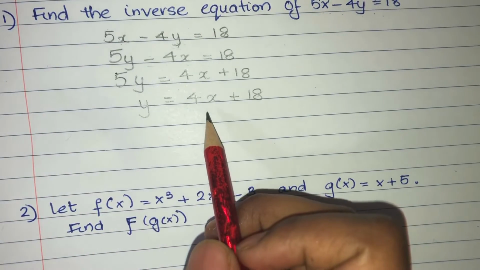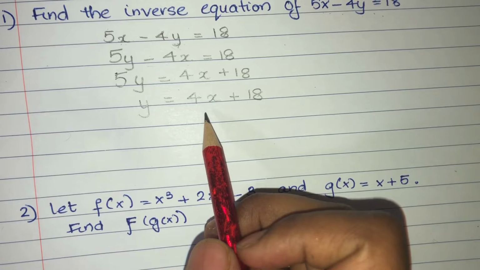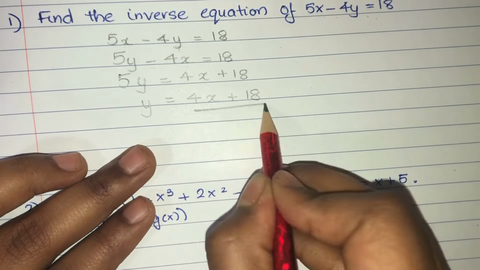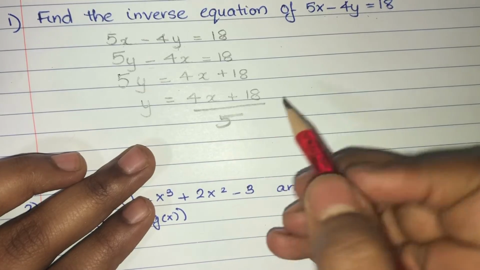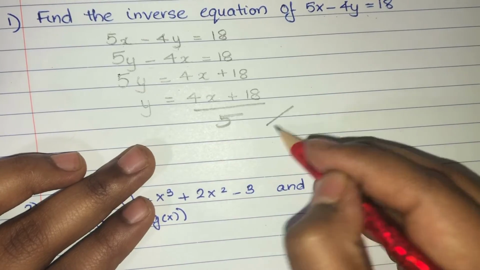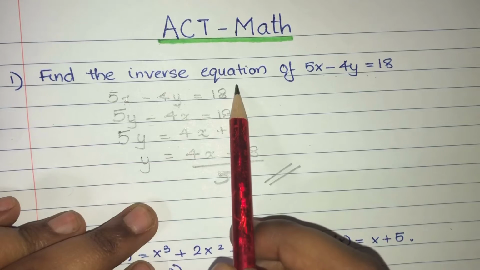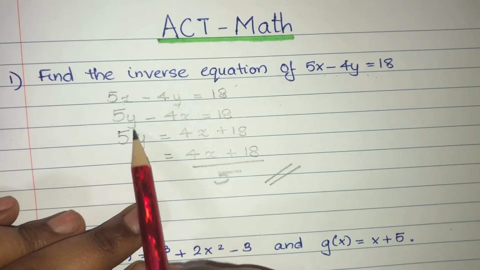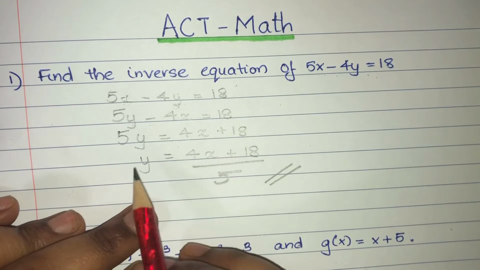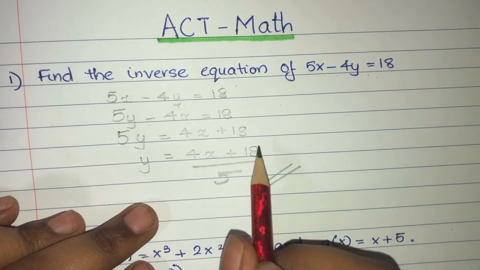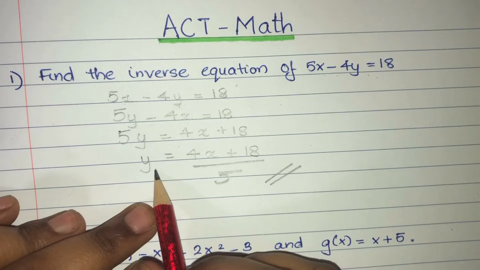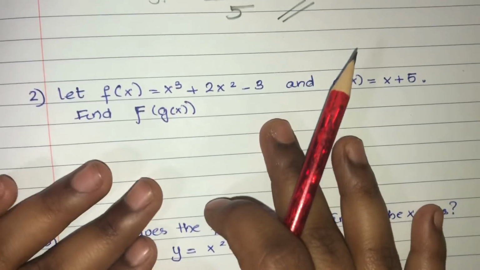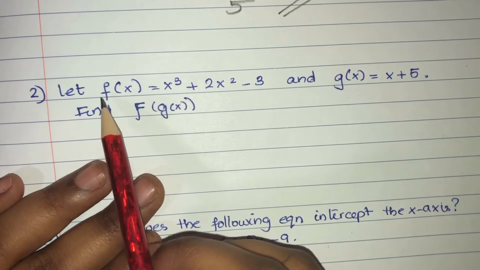This is the equation we're getting. So this is how we solve an inverse equation. You just change the variables and then you solve for y and you get the equation for the inverse of this equation.